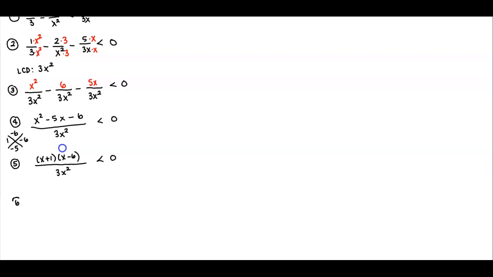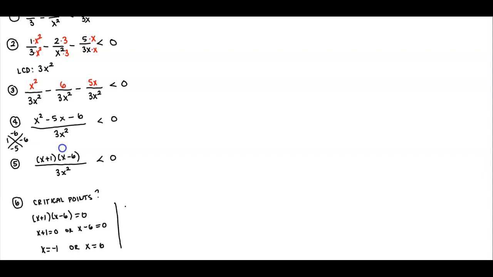Now what we need to do is find our critical points. So the numerator is x plus 1 times x minus 6, and we want to set that equal to 0. So if we set x plus 1 equal to 0, or x minus 6 equal to 0, we know that x is equal to -1 or x is equal to 6.